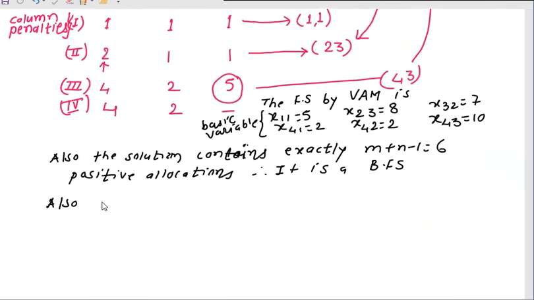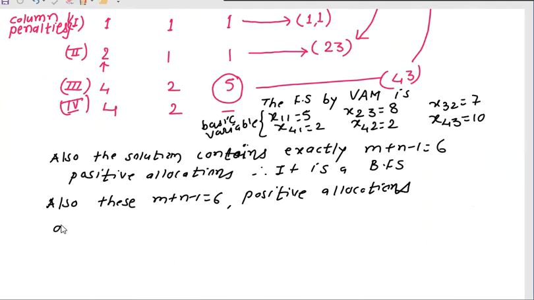Also, these m plus n minus 1, that is 6 positive allocations, are at independent positions.